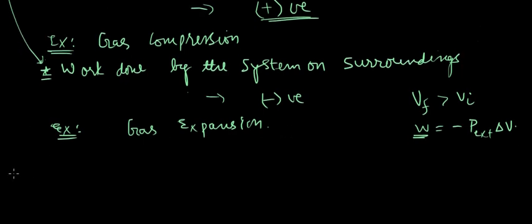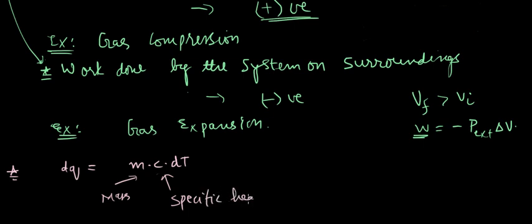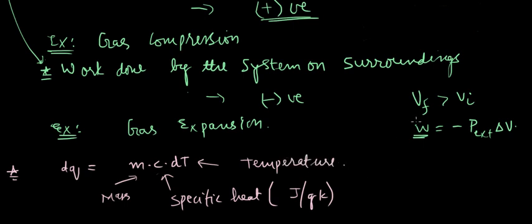Okay, now let's see dq. So dq is m c dt. M is mass, c is specific heat, and the unit of the same would be, let's say, joule per gram Kelvin, and dt is the change in temperature.